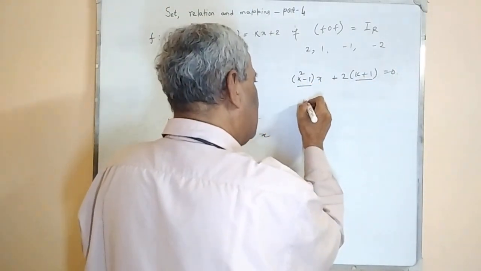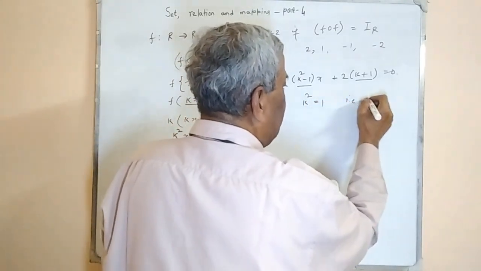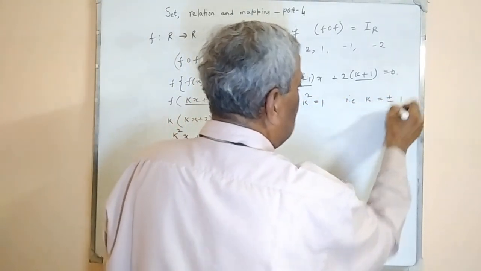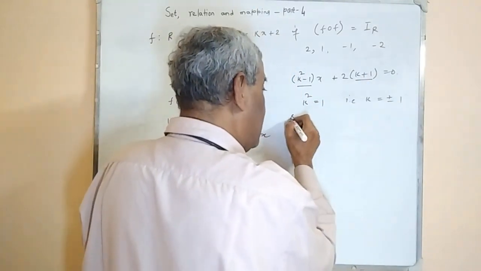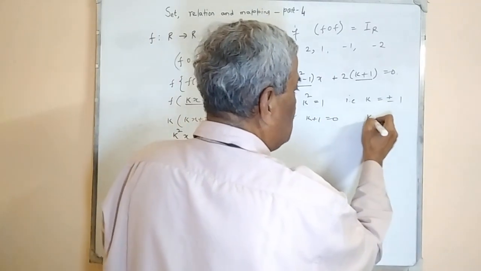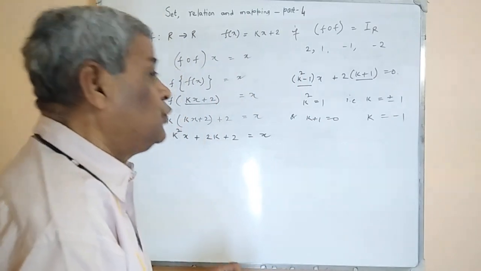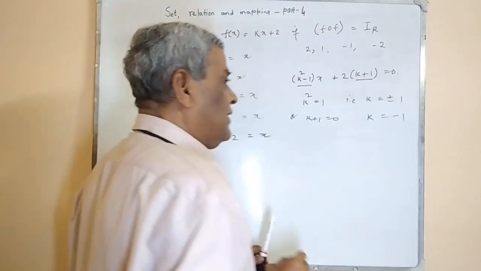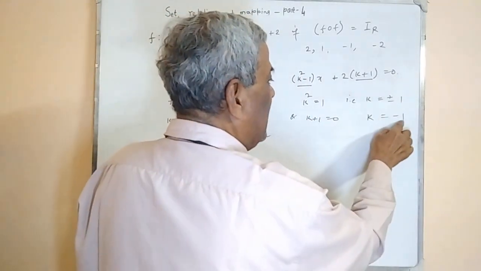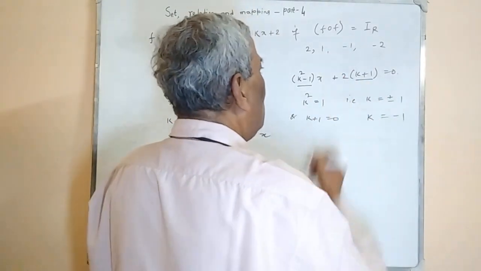That is, we must have k squared is equal to 1, that is k is equal to plus or minus 1, and k plus 1 is equal to 0, that is k is equal to minus 1. So from these two, it is clear that k is equal to minus 1 satisfies both. Therefore, our option is k is equal to minus 1.